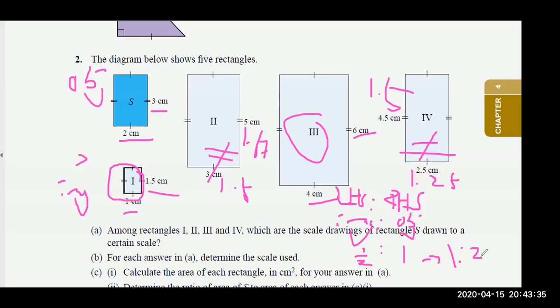So for the third one, what is it? This one. So the object is smaller than this one. So this image is bigger, right? Bigger. So this one becomes 2:1.